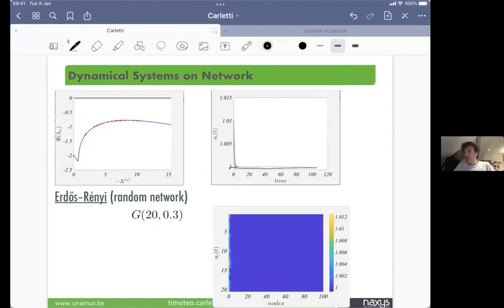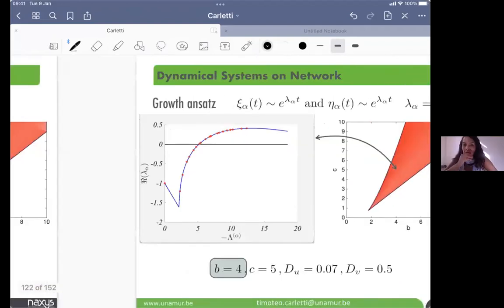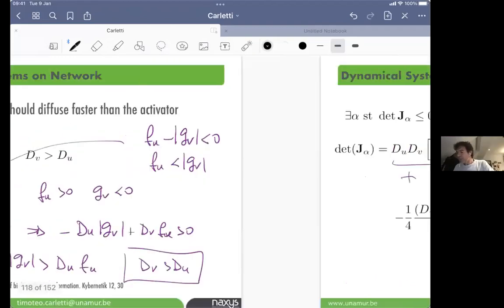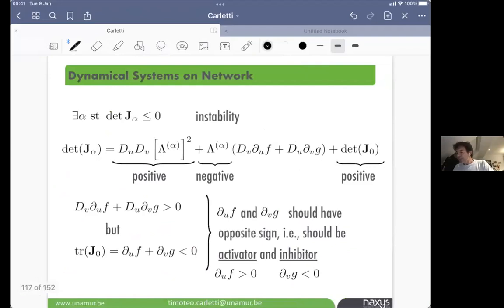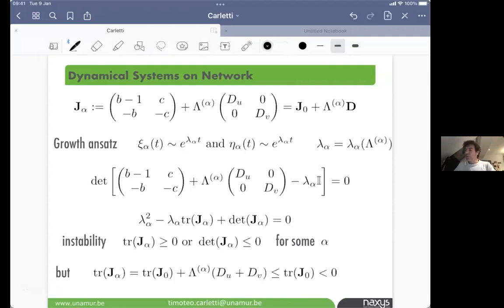So maybe I can explain what is the blue curve that I didn't show you exactly. So if you remember, if I go back to my equation, here. So here I have this extended Jacobian, which is J alpha, which is the G0 times lambda alpha times this matrix D. The spectrum of the matrix is finite, okay?